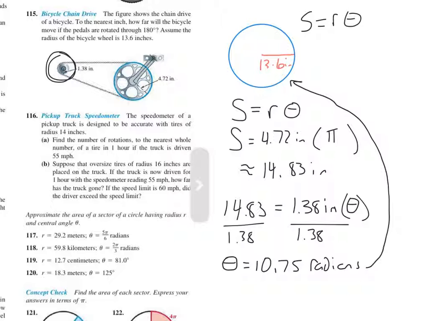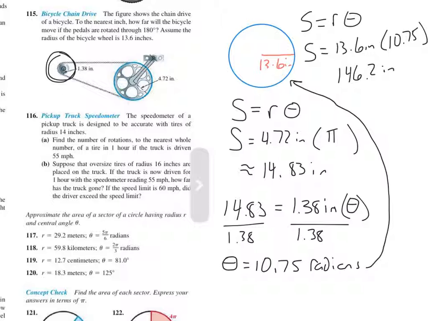This time we want to know the distance we go, S. We know the radius of the big tire is 13.6 inches, and the angle is 10.75 radians. If we multiply 13.6 times 10.75, we get 146.2 inches.